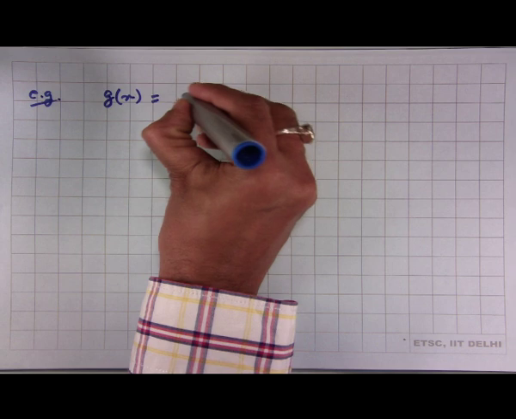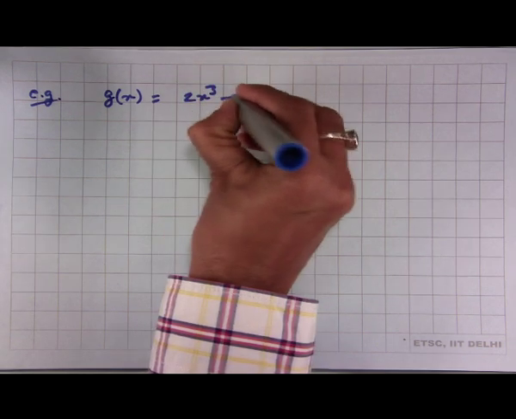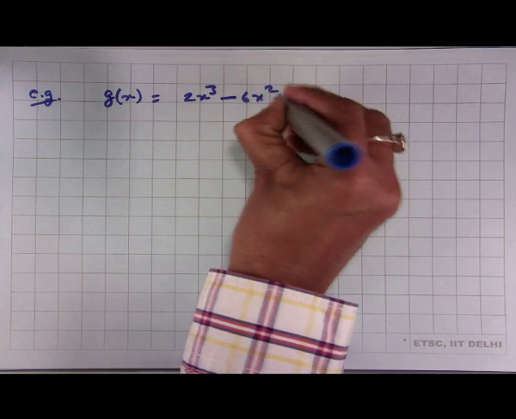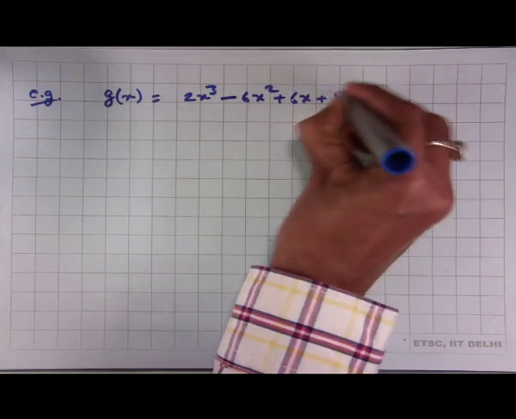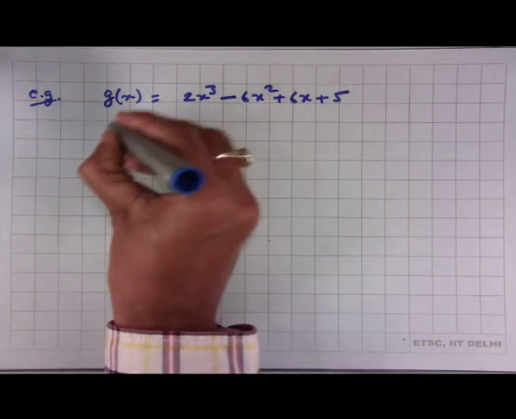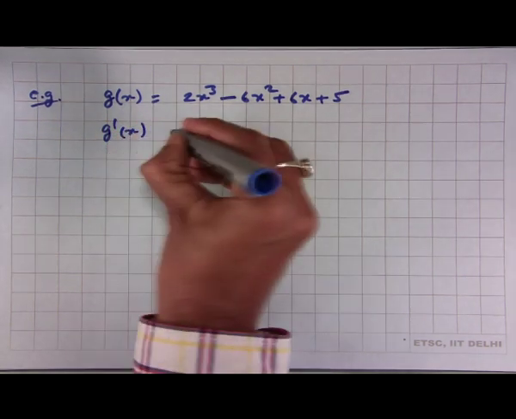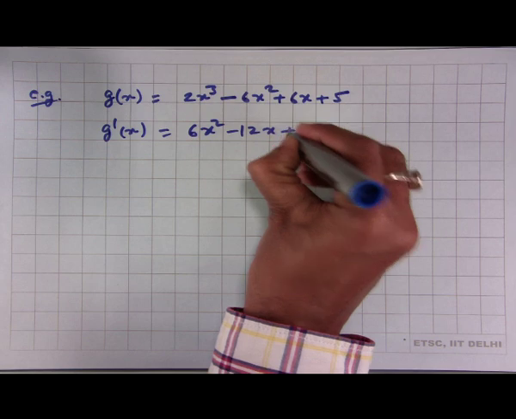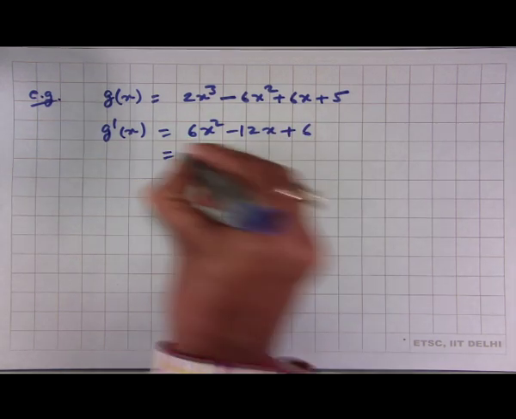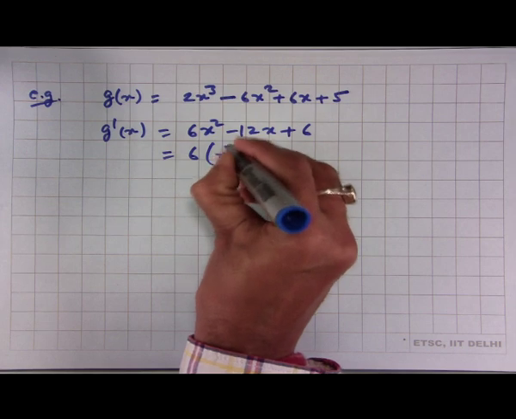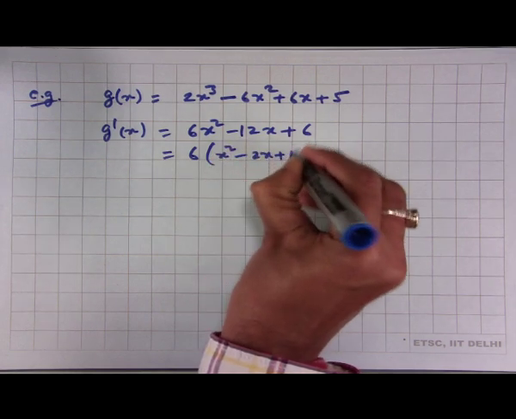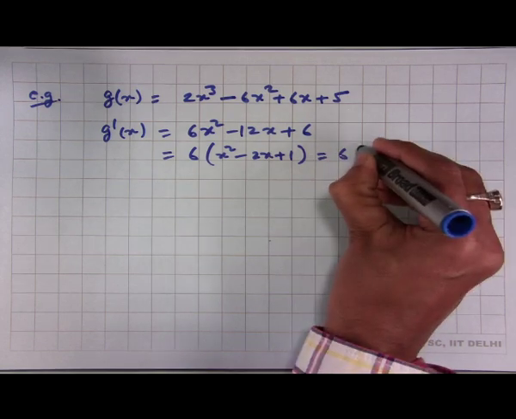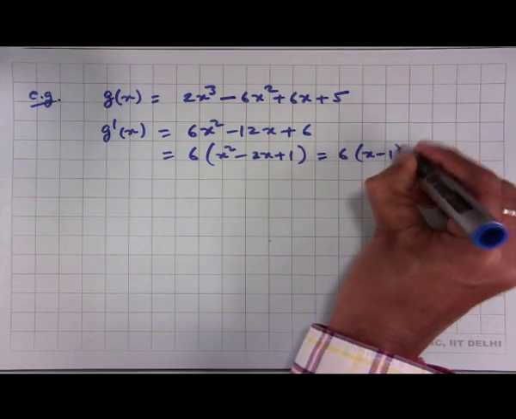Another example, let us look at g of x equal to 2x cube minus 6x square plus 6x plus 5. Here again let us find the derivative. g prime x is 6x square minus 12x plus 6, which is equal to 6 times x square minus 2x plus 1, which we see is equal to 6 times x minus 1 whole square.